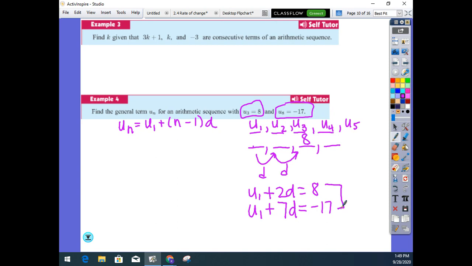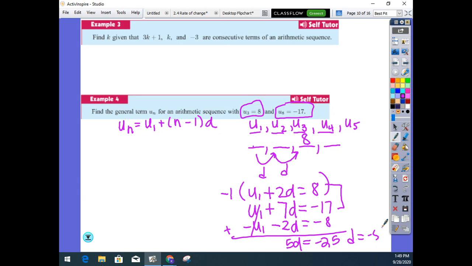So I'm going to multiply through my top equation by negative 1. Negative u sub 1 minus 2d equals negative 8. And I'm going to add my like terms. So my u sub 1 cancels. And I get 5d equals negative 25. So my d is negative 5.